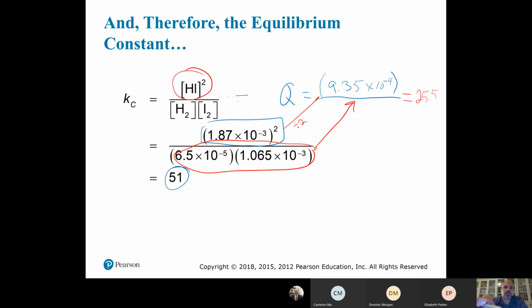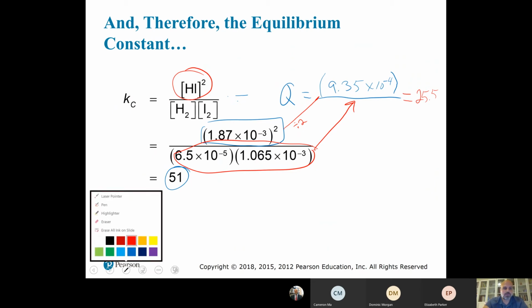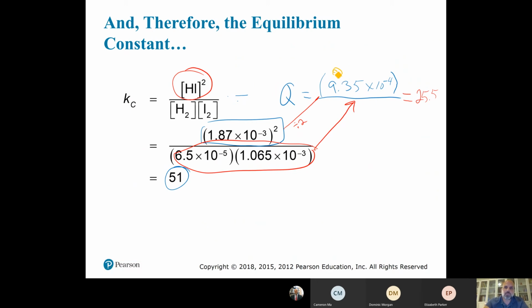There's less product in this particular reaction, so in order to balance, you need to form more product. We need to increase heading towards 1.87 times 10 to the minus 3 in order to bring that 25.5 up to 51.